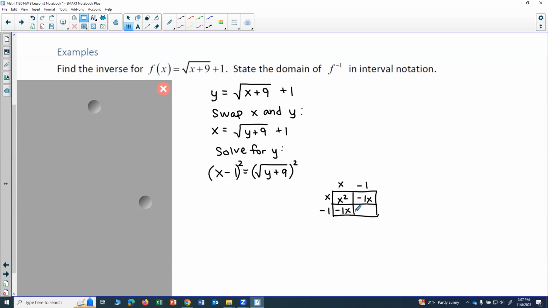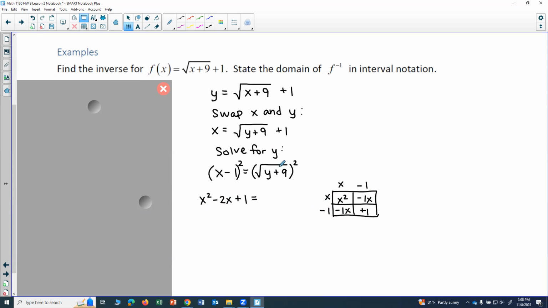And negative 1 times negative 1 gives you plus 1. Combine your like terms. So we're going to have x squared minus 2x, because I combine the negative 1x plus negative 1x. So x squared minus 2x plus 1.